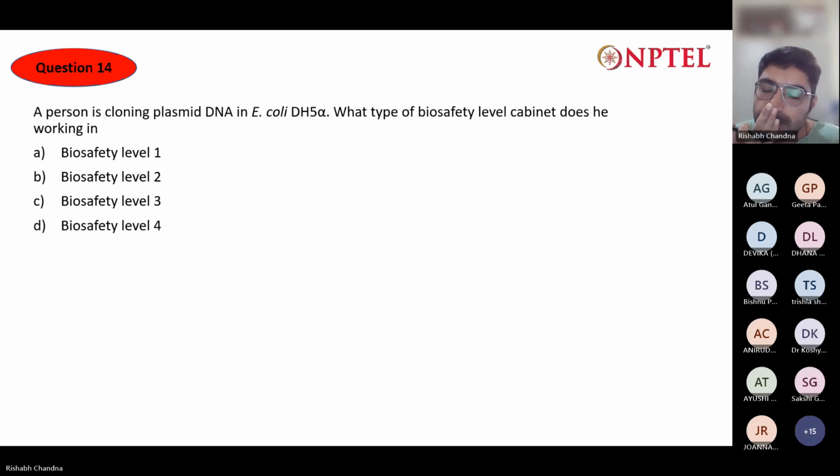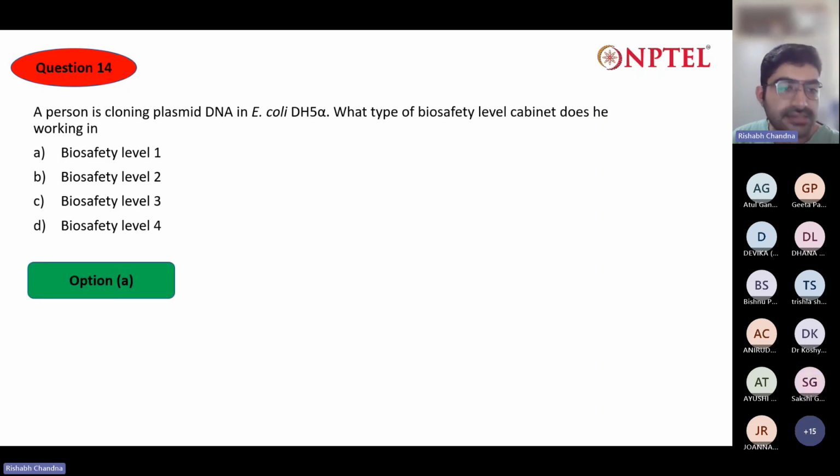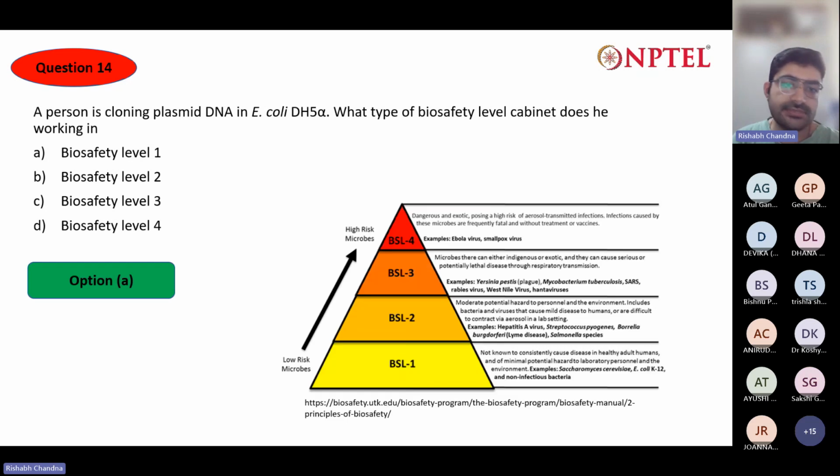Any more guesses or answers? So the correct answer is option A, that is BSL1. So here is the explanation.